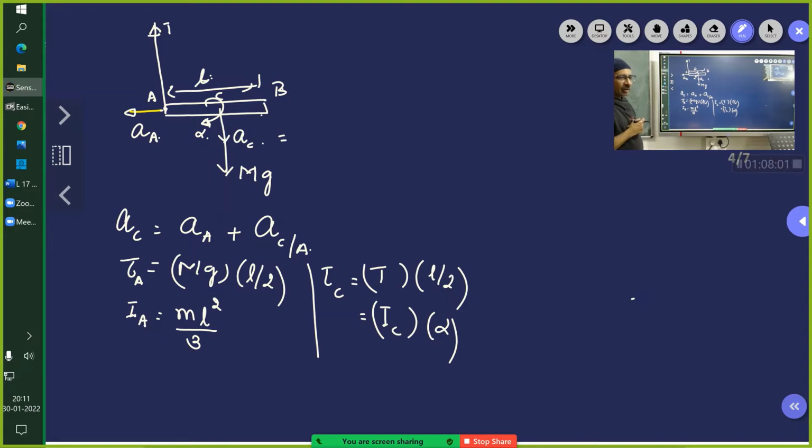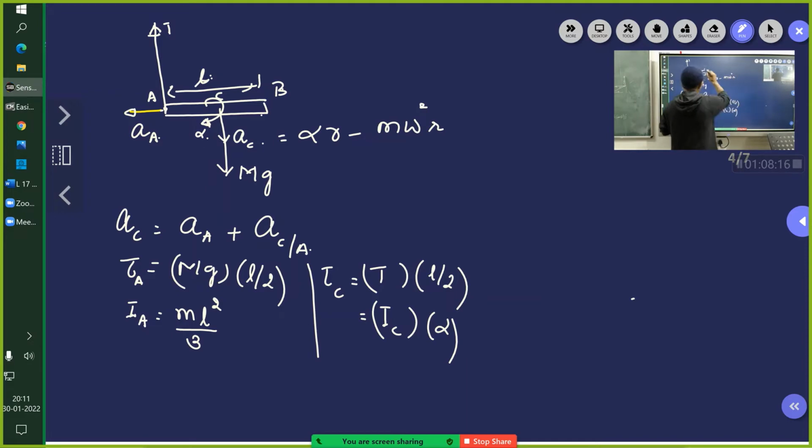Tangential will be alpha into R, minus you'll have omega square R. But since it is cut at the same instant, omega square R will not be considered. Only alpha into R will be there, at that instant.